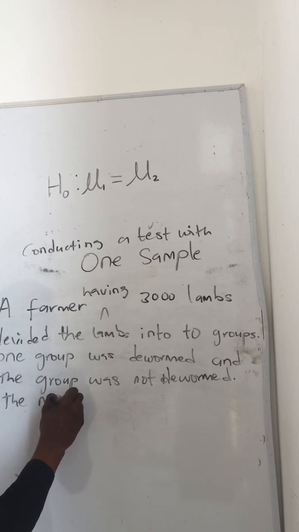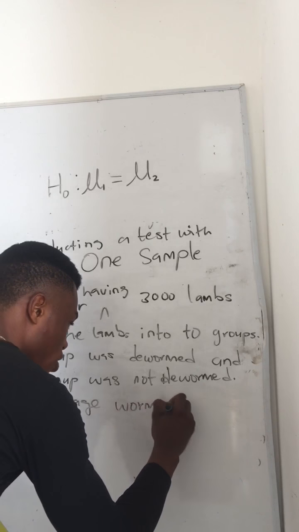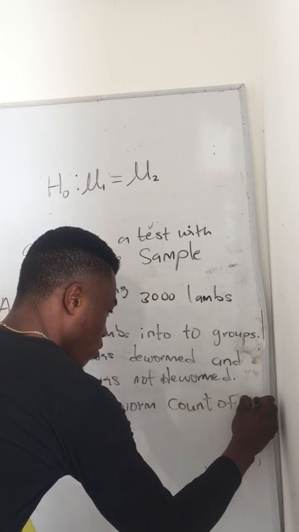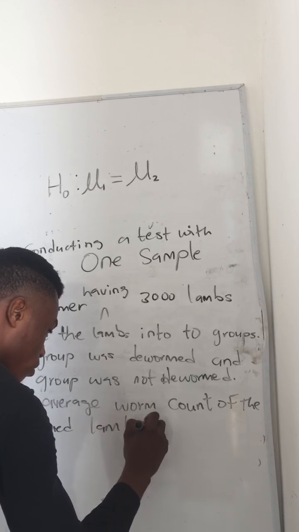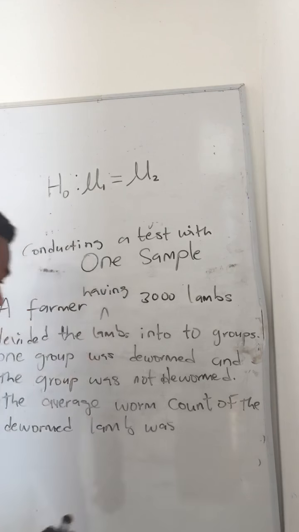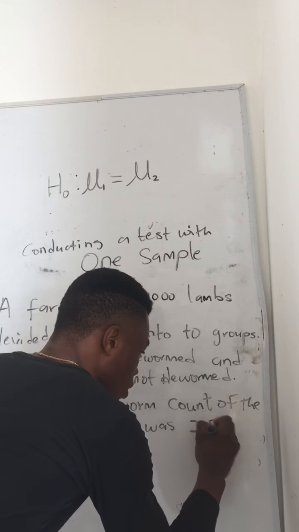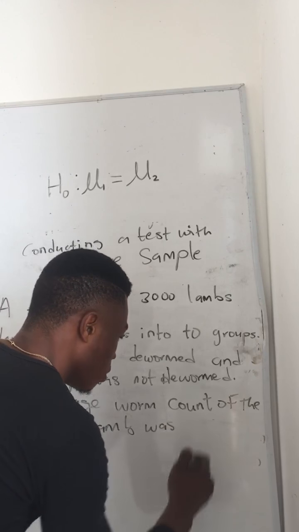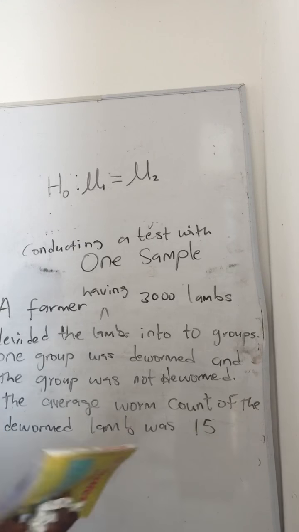The mean, let's say the average worm count of the dewormed lambs was 15.